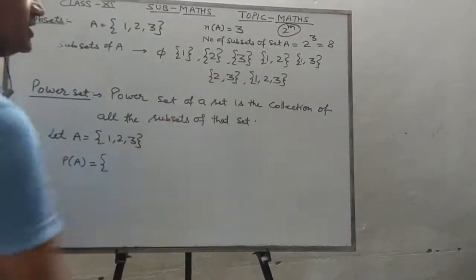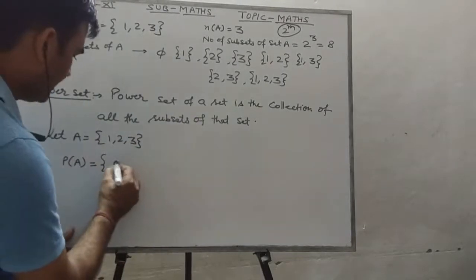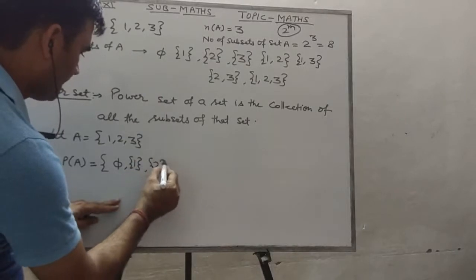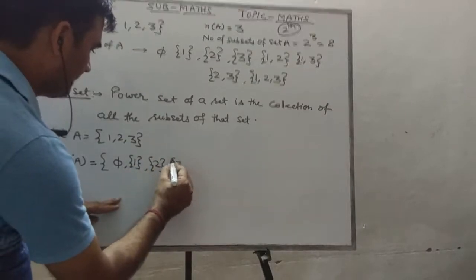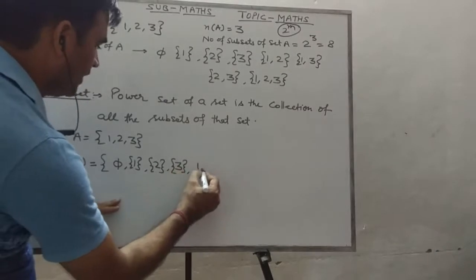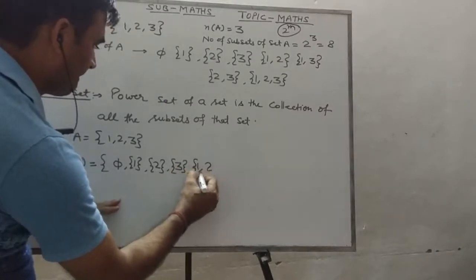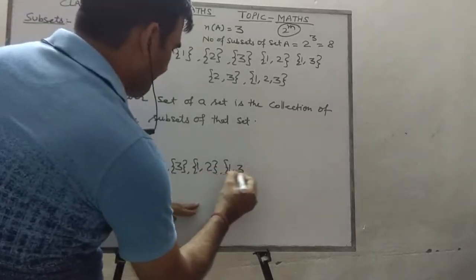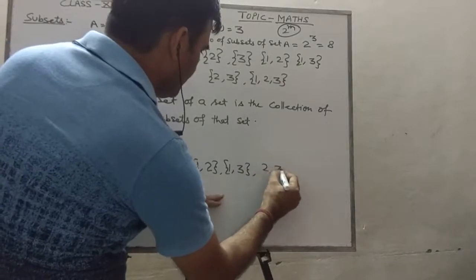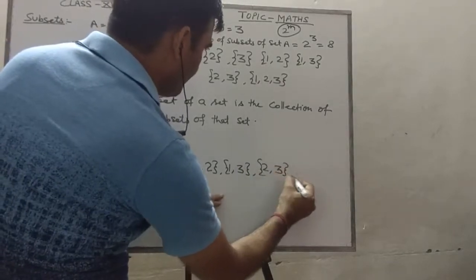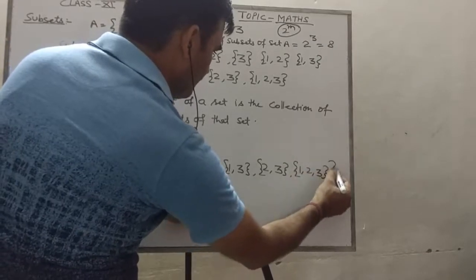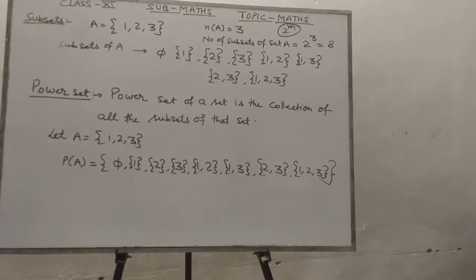As we have written all the subsets of A here, we will write phi, 1, 2, 3, 1 2, 1 3, 2 3, and 1 2 3. This is the power set of A.